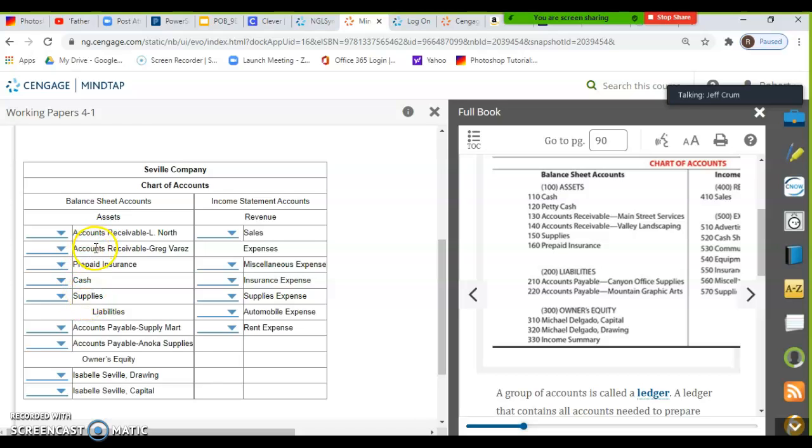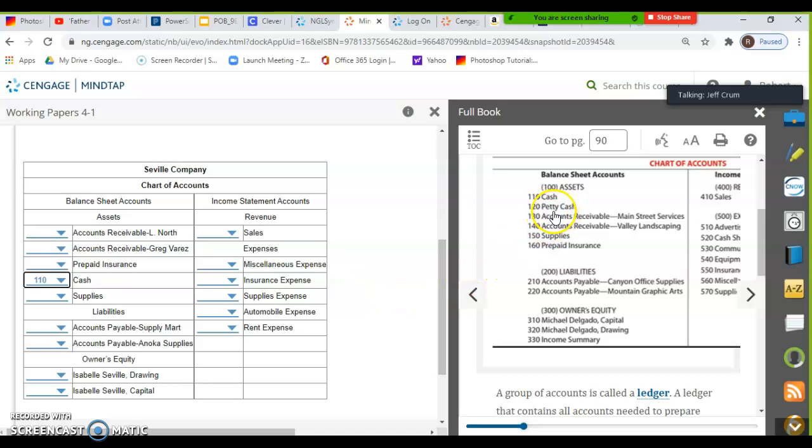So we're going to have to put these in numerical order. So if you look on your accounts, cash is always the first account. So cash is going to be 110. So we'll go to our drop-down menu. Cash is 110.